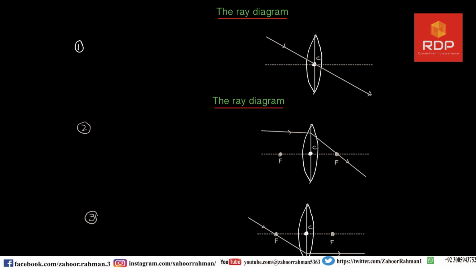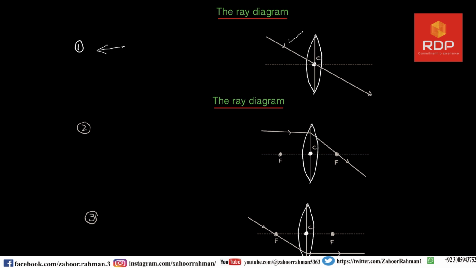and understanding those 3 steps will enable you to create a ray diagram. First, you have to keep in mind that if a ray is passing from the optical center, it will go straight without any deviation, as you can see in this step number 1.